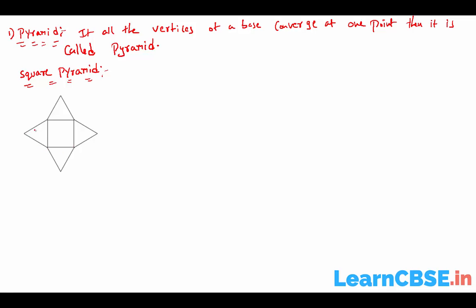All these vertices converge at one point. If you see this figure, you can understand. This is the square base, and all these vertices converge at one point. So it is called a square pyramid. Now triangular pyramid.